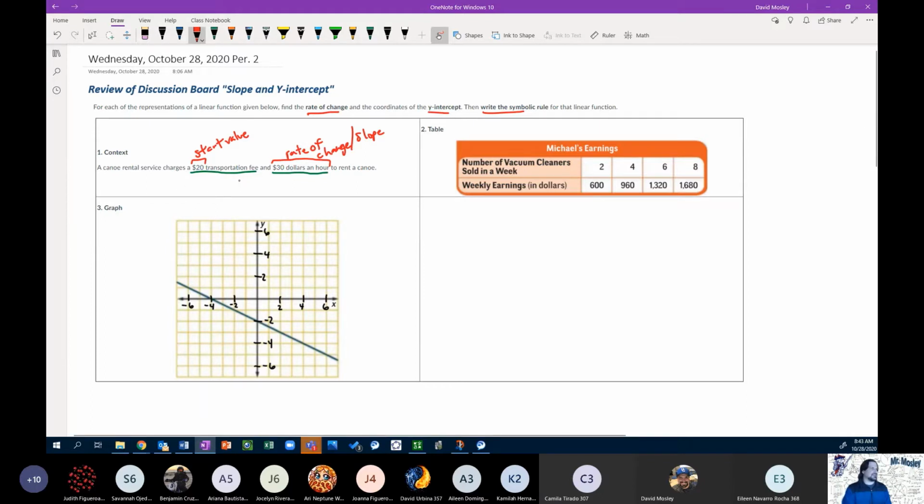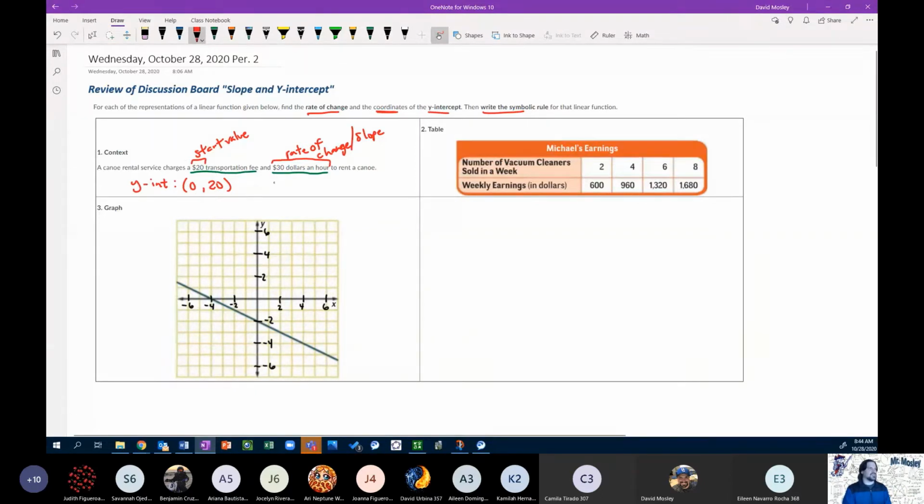Okay, so we're asking for coordinates, right? So the coordinates of the start value, or the y-intercept, are going to be at 0, 20. No money has been spent, or no hours have been spent. We're still paying $20. That's the start value.